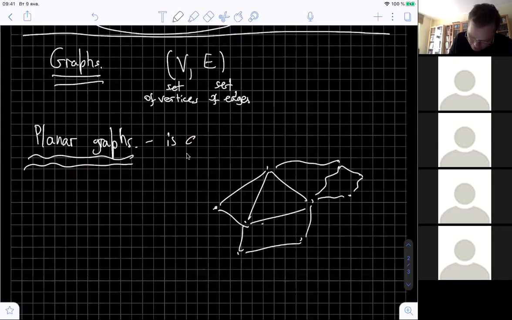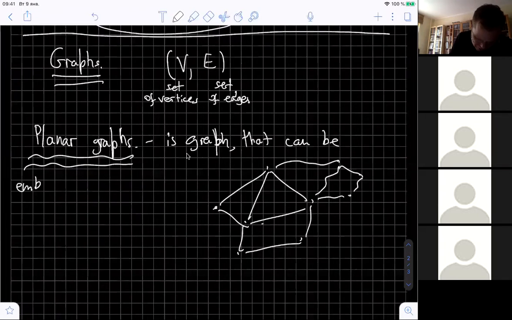A planar graph is a graph that can be embedded on the plane.